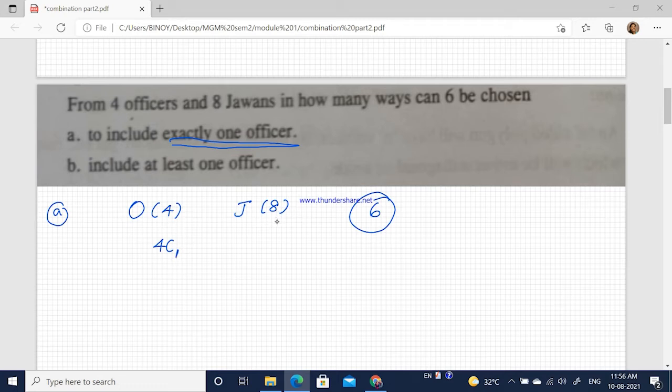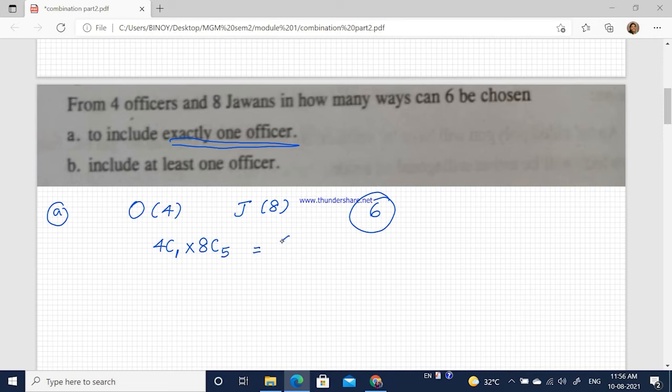I should have only 5 Jawans. So multiplying, from 8 Jawans I'll take a combination of 5, in order to make a 6.